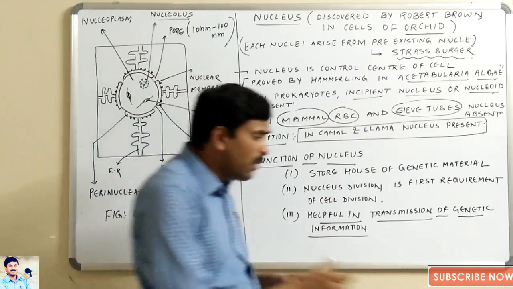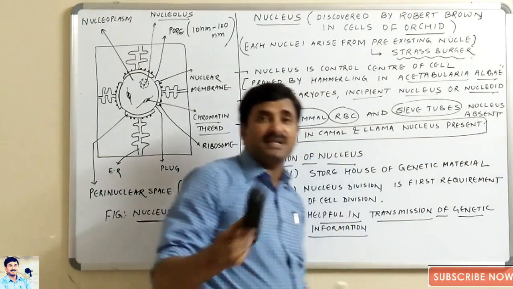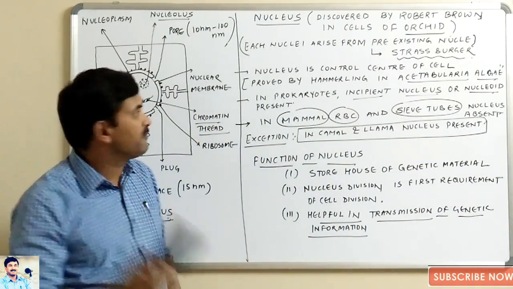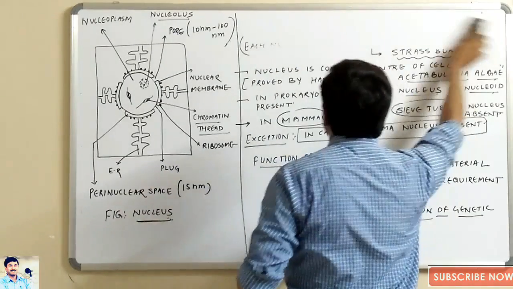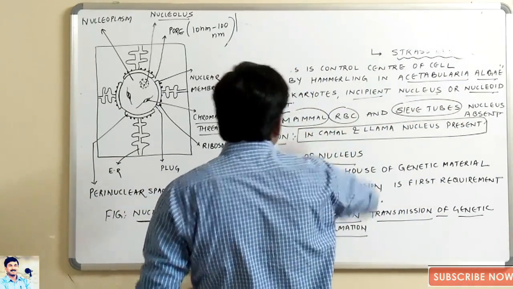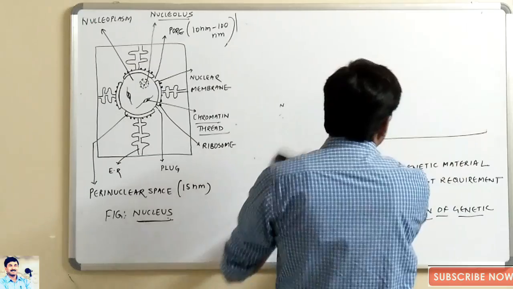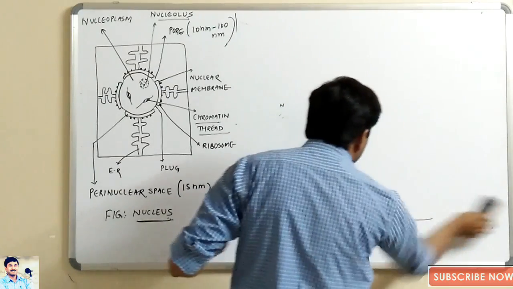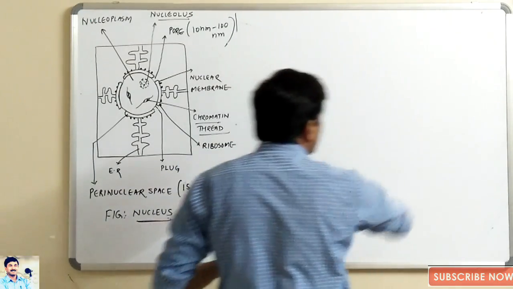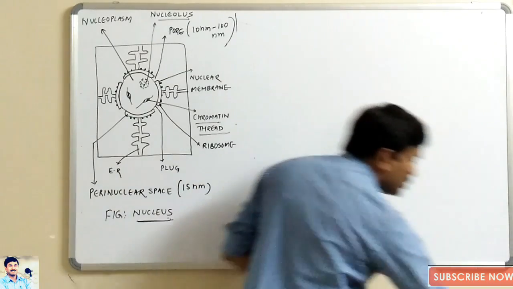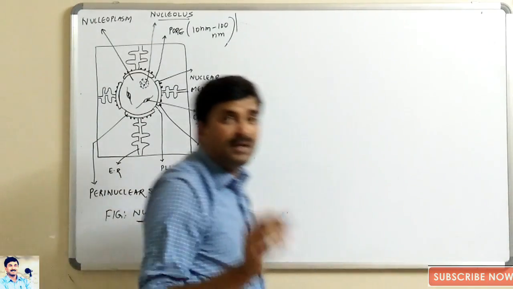Okay, now when we discuss the nucleus in detail, we must study some important points such as the number of the nucleus, the shape of the nucleus, the size of the nucleus, the chemical composition of the nucleus, and the structure of the nucleus.